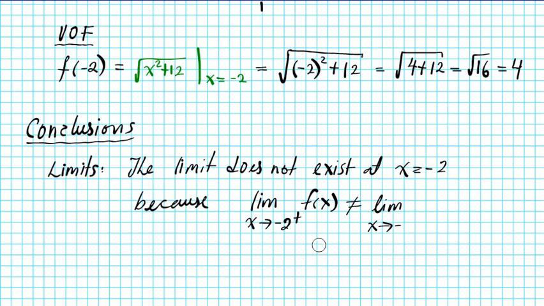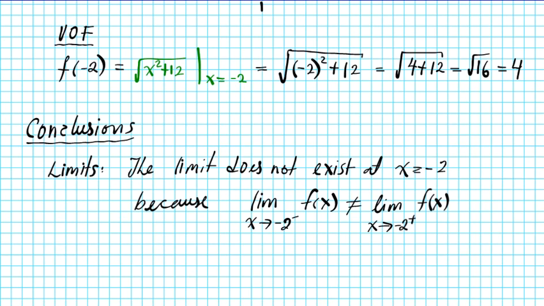Left-hand limit, let's change that sign to minus, is not equal to the right-hand limit. One was 4, the other was infinity. So if their limits are different as you approach a point, then the double-sided limit does not exist. Okay?